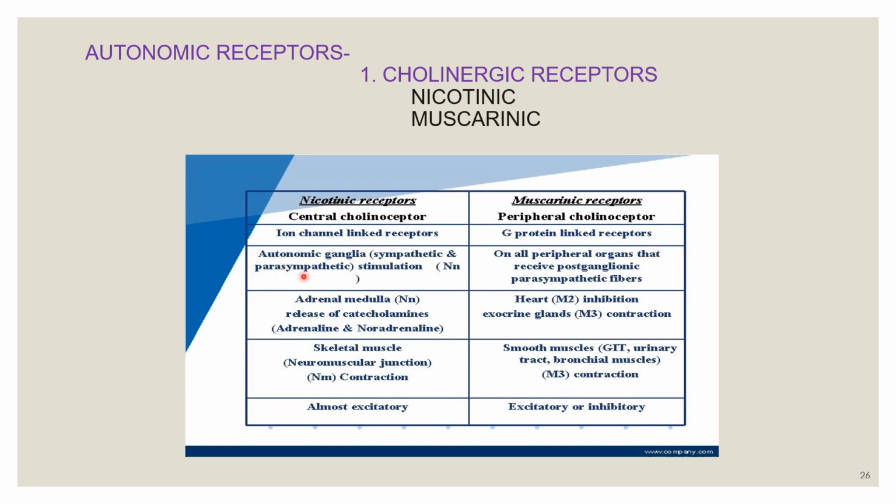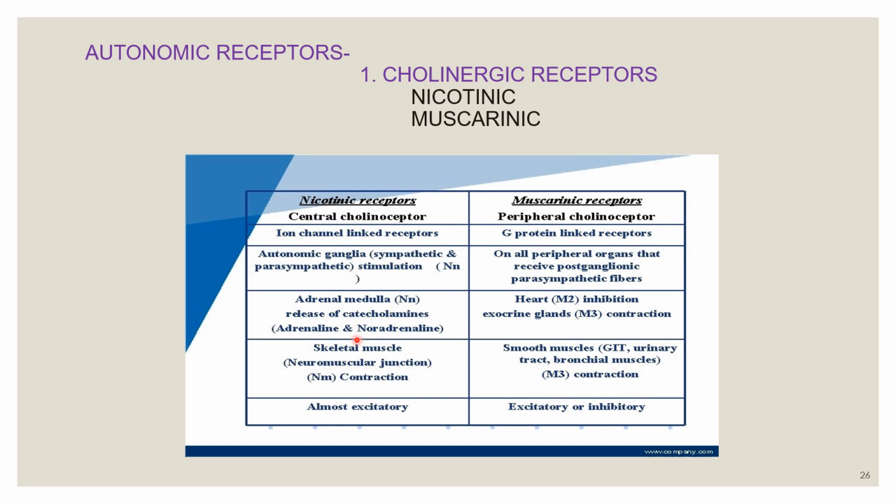And here the autonomic ganglia. These nicotinic receptors, the central cholinoceptors, are present in the autonomic ganglia, both in the sympathetic ganglia and parasympathetic ganglia. So in the ganglia, we have subtypes, capital N and small n types of receptors.